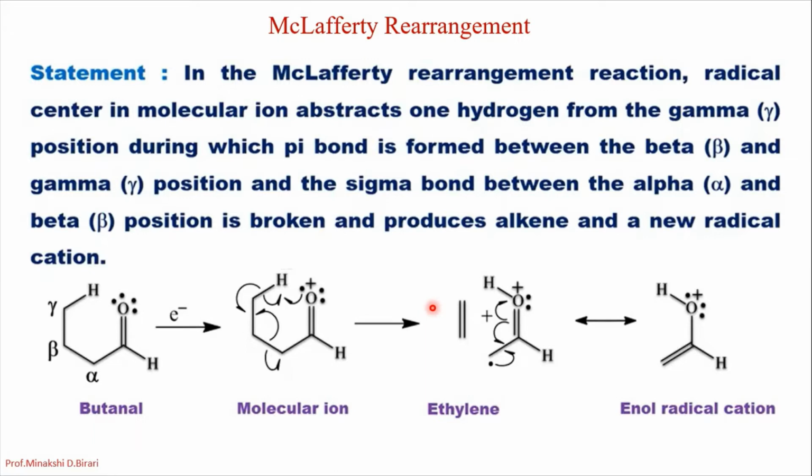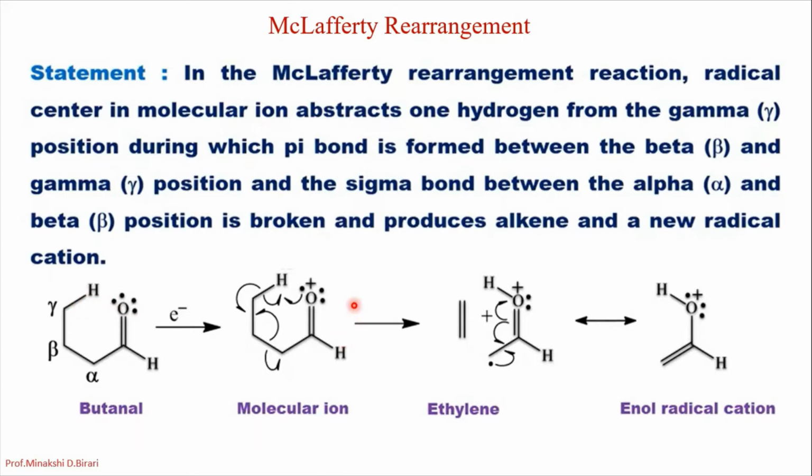This particular rearrangement and fragmentation is accompanied by the loss of a neutral molecule. So here there is a loss of a neutral molecule, that is alkene. In the McLafferty rearrangement, alkene is eliminated. So in this reaction, the molecular ion abstracts one gamma hydrogen, and a pi bond is formed between the beta and the gamma position.